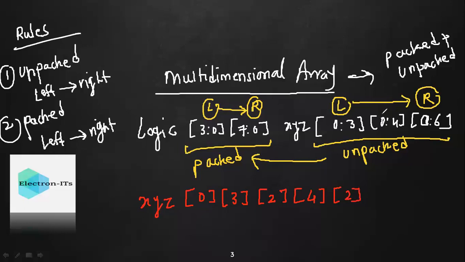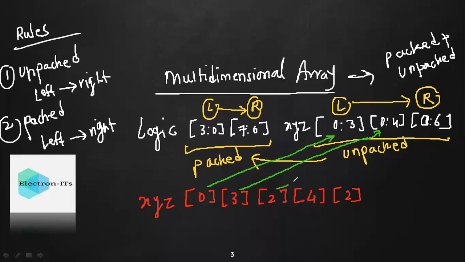So first you have to focus on unpacked. This 0 will be from the unpacked left side, and again then from left to right. Then this 3 is from this dimension, which is again unpacked.